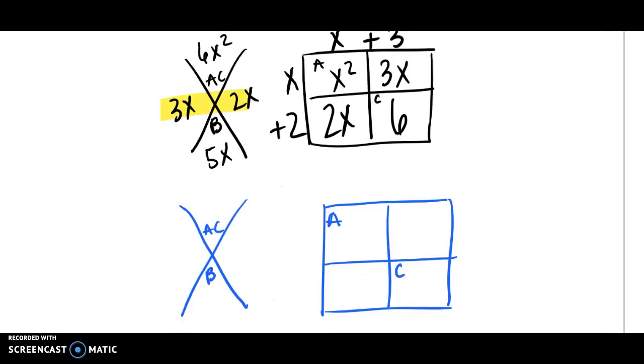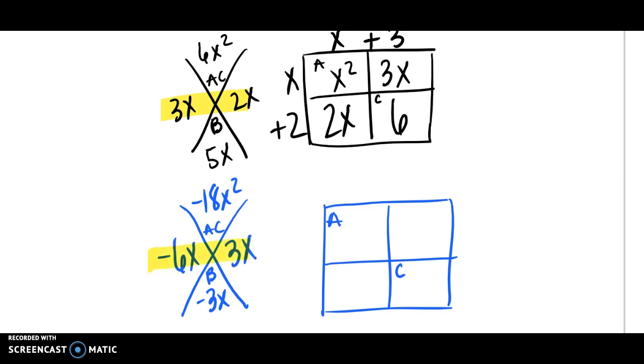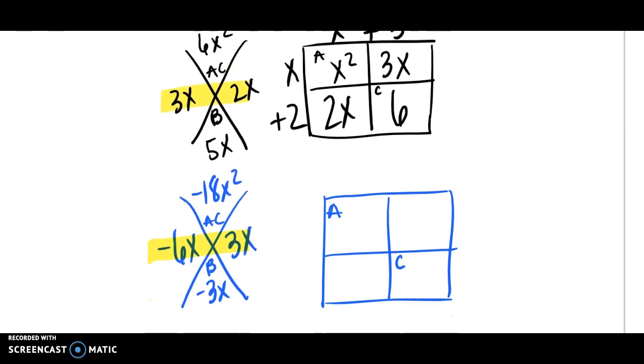Okay, so a times c is -18x squared. B is -3x. Our two numbers are going to be -6x and +3x. Let's go ahead and fill in our box. A is x squared. C is -18. Our values are -6x and +3x.